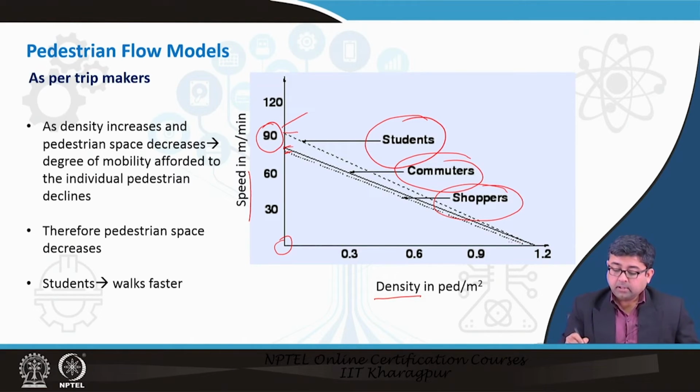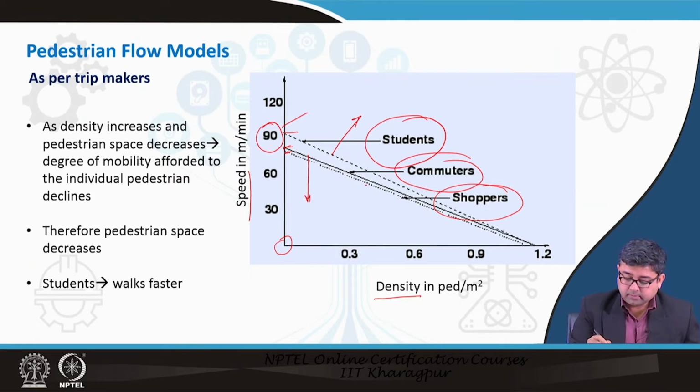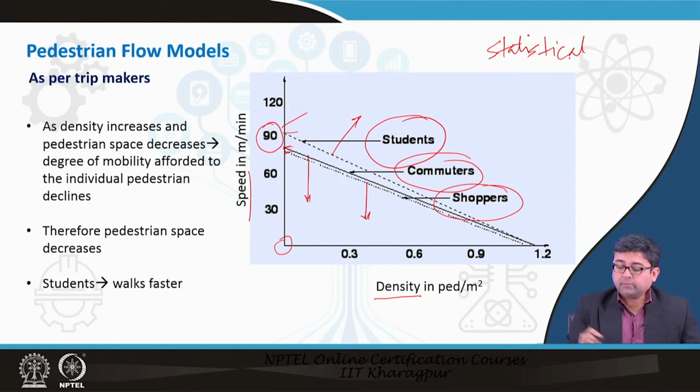there is one model, right. Each of these is a model. We can develop a model for the students, this is a model for the commuters, and the bottom one is a model for the shoppers. When I say model, they are all statistical models. So, what we are looking at simplistically is to say that even at this density, the slope of these lines is the same as at that density.